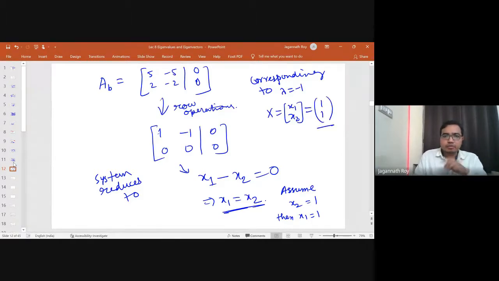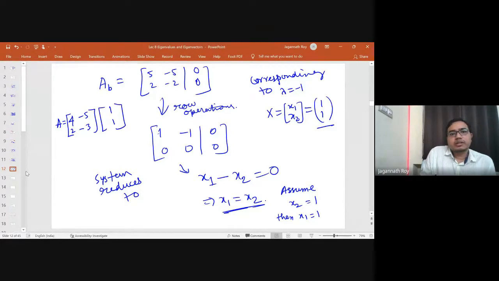Now if you look at the matrix A, this is 4 minus 5 and then 2 minus 3. If you multiply this by the vector 1, 1, then what will you get?